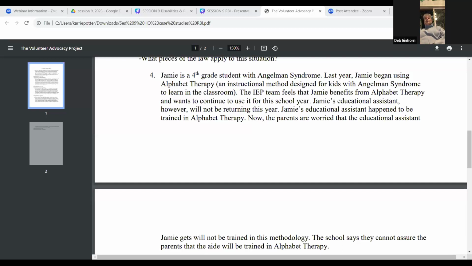Well, this is pretty much a no-brainer. Most likely, a new aide won't be trained in that therapy because it's not something that's very common. So the parents would be completely within their rights to ask for that aide to be trained. And ideally, they would ask for that training to happen over the summer before school starts, so the aide is trained by the time that school does begin.